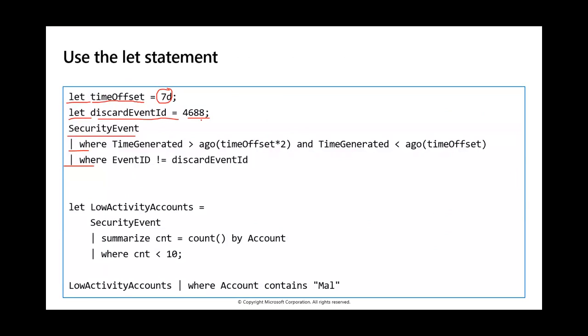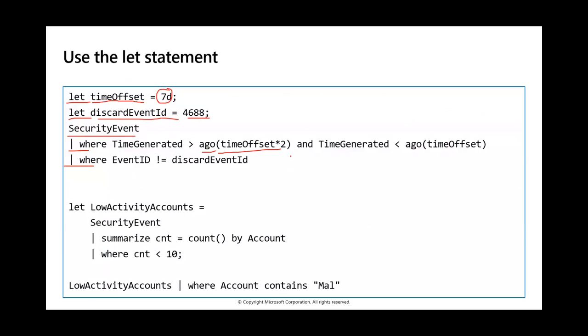In this case, these other operations with ago and something between parentheses will take the current date and time and subtract the value provided. In this example, the time offset and discard event ID are created and used as part of the SecurityEvent where clause.